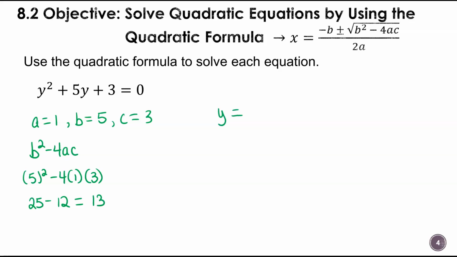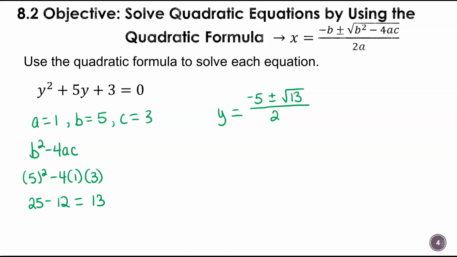So y equals, notice that the x can change to whatever variable you are using in your equation, the one you're solving for. All right, so the opposite of b would be a negative 5. And that's plus or minus the square root of 13 over 2 times a, and that would be 2, right? 2 times 1 is 2.